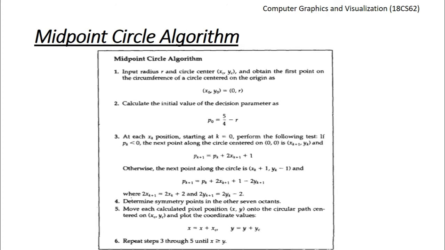This is the algorithm taken from the prescribed textbook for this computer graphics and visualization subject, Donald P. Hearn. The first step is to input the radius r and the circle center xc, yc, and obtain the first point on the circumference of a circle centered on the origin as x0, y0 equals 0, r.